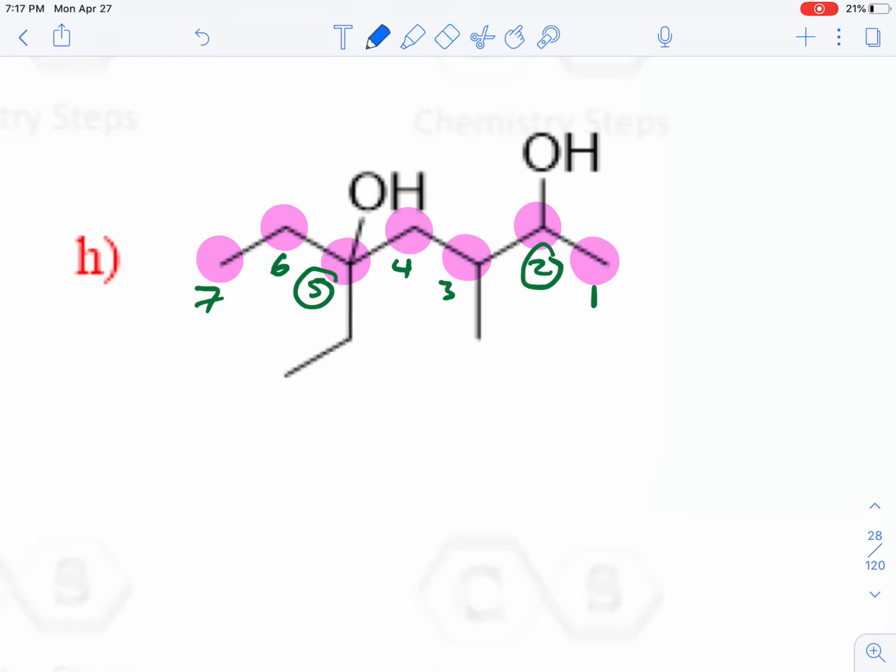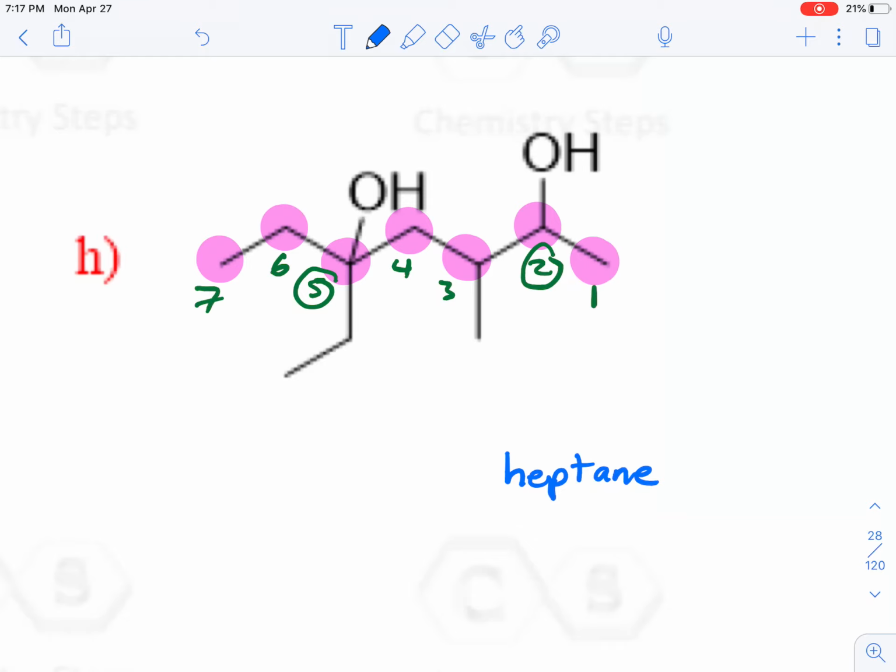So since I have a 7-carbon chain, I know that I have to use the prefix hept. And since I have 2 alcohols, actually, let me not so much take that back, but let me go back 1 step. So I have a 7-carbon chain, so that's hept. Now, if you look at the whole entire chain, there's no double bond, no triple bond. And so I'm going to finish this by saying ane.